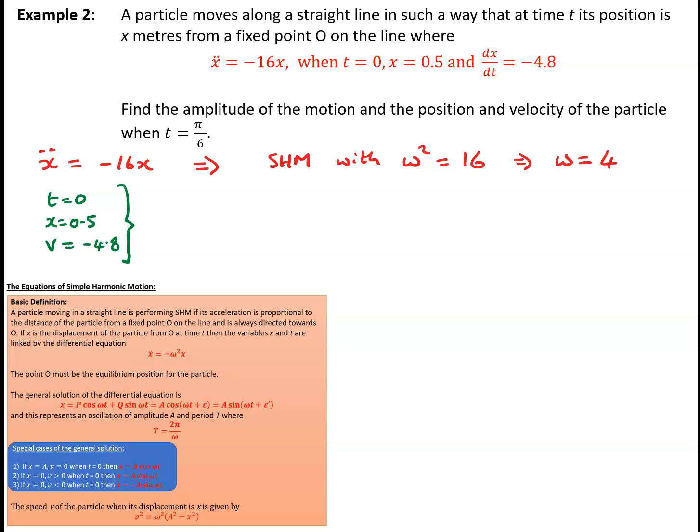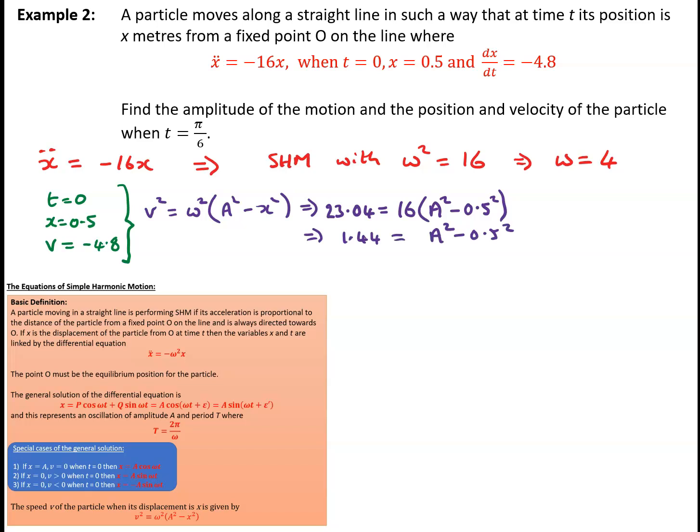So the equation v squared equals omega squared times a squared minus x squared gives me 4.8 squared, which is 23.04, equals 16 times a squared minus 0.5 squared. In other words, 1.44 is a squared minus 0.5 squared. So a squared is 1.69, so the amplitude of the motion must be 1.3 meters.